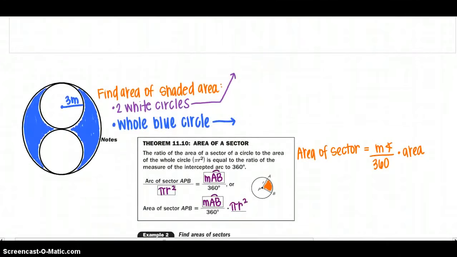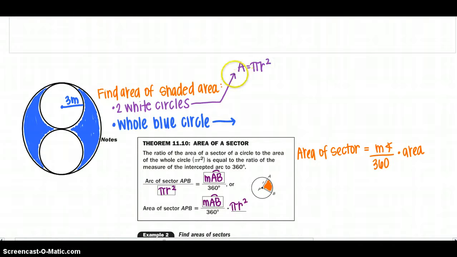So moving on, I have a little problem up here before we get into sectors. I have 3 circles, 1 big circle, and then 2 circles that fill up the big circle. Now I want to find the area of the shaded region. Well, I first have to find the area of the unshaded circles. So I'm just going to use the same equation, area equals pi r squared.